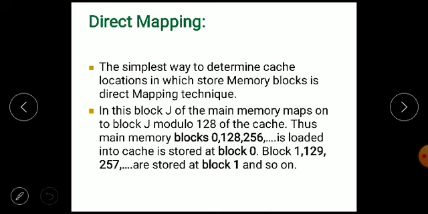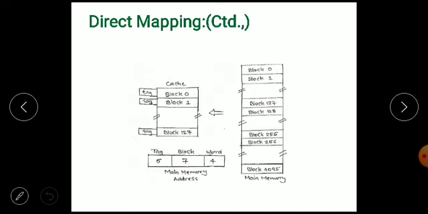So direct mapping is the simplest way to determine in which cache location we have to store the memory blocks from the main memory. Here the direct mapping technique is explained using a diagram, and there is a rule in the direct mapping technique.